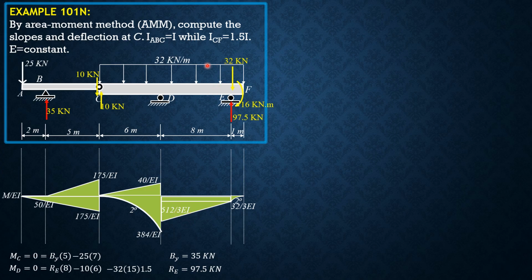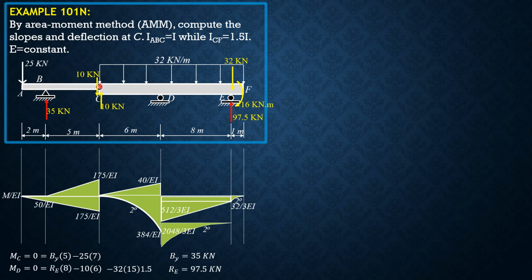Then due to this uniform load, which is not yet included, 32 times 8 times 4 divided by 1.5. It is a second degree curve. Again, 32 times 8 times 4 divided by 1.5. The height is equal to 2048 over 3 EI.